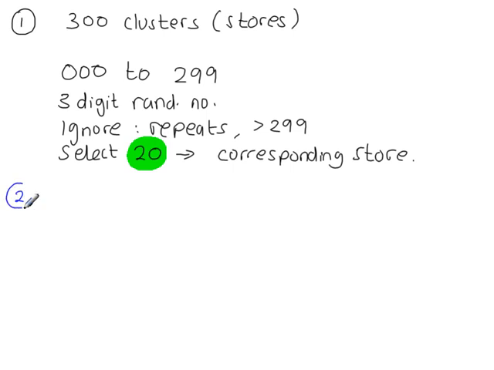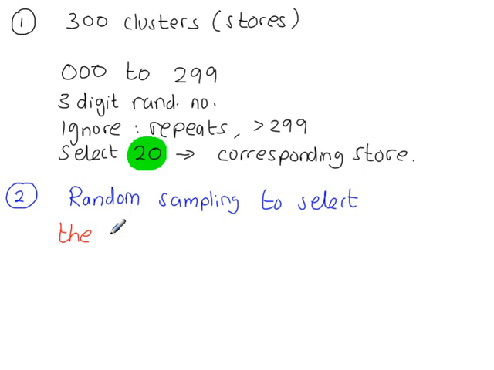Second step, now that you know which stores to target, how do you get the employees from within the store? Well, you use a random process. So use random sampling again to select, and this is the key part here, the same number of employees, and we're going to use 10.